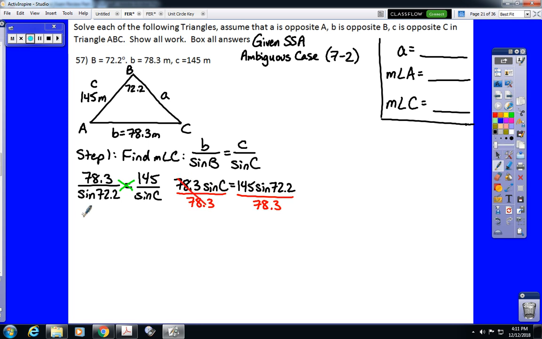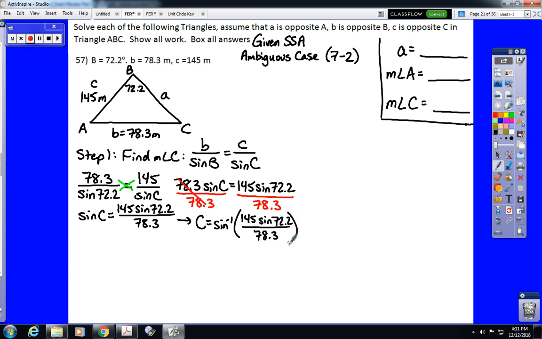And that gives us that sine of C is equal to that fraction, 145 sine 72.2 divided by 78.3, which means that angle C is the inverse sine of that fraction, 145 sine 72.2 divided by 78.3.